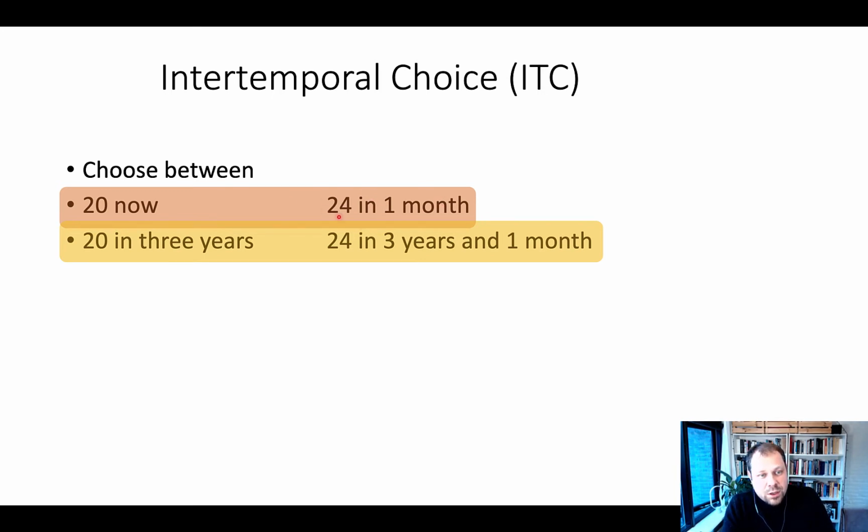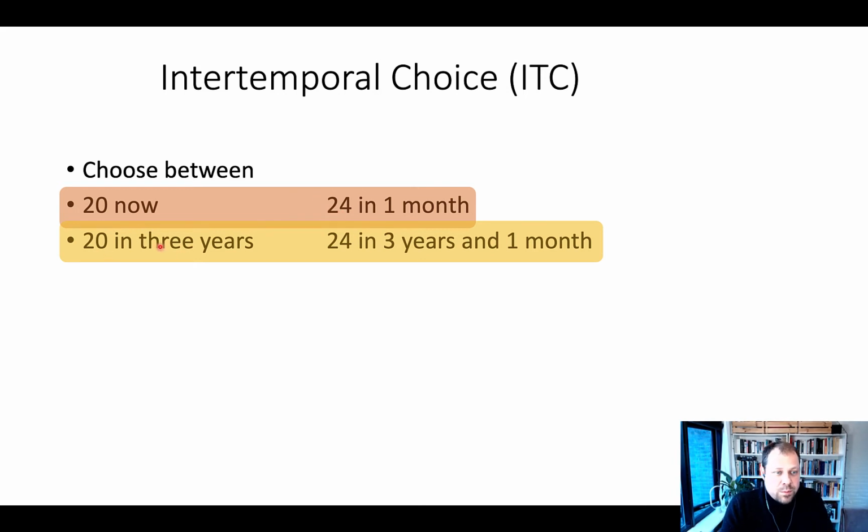So we have a larger outcome, but we have a delay that's attached to this. And the decision maker might choose to go for the $20 right now because there is some value attached to receiving something immediately. But a more patient person might choose to wait a month to get the additional $4.